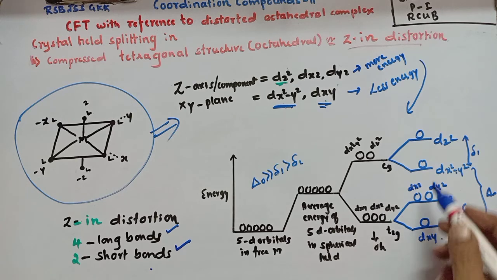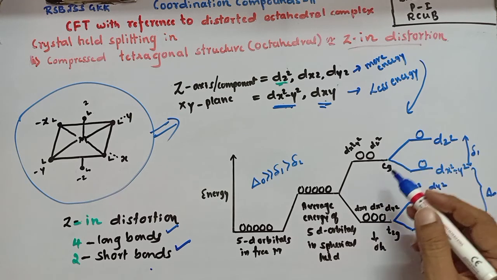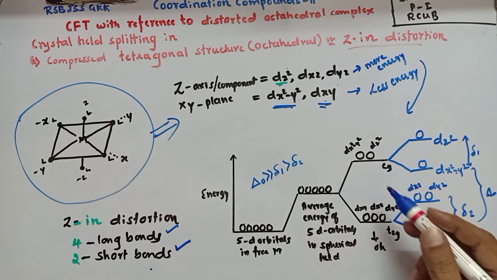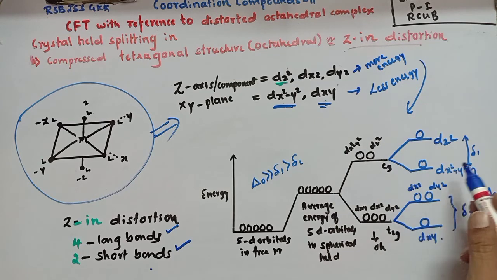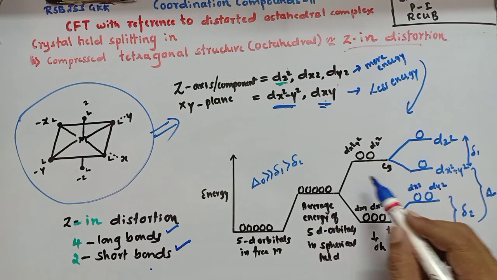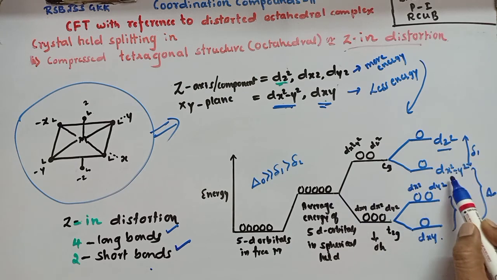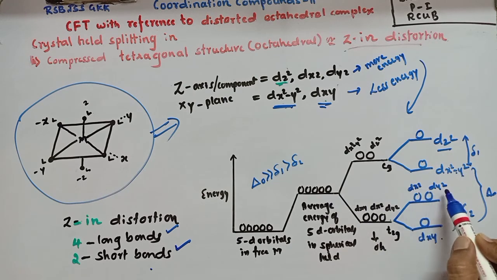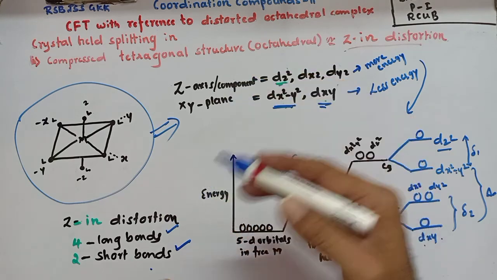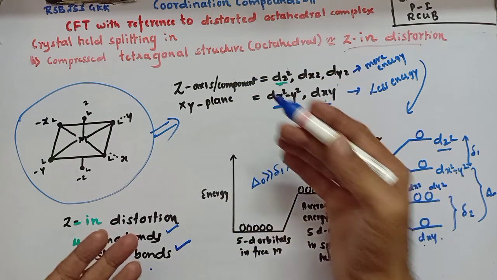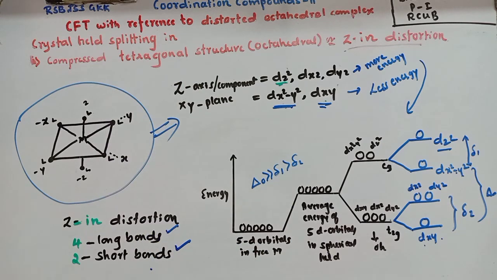So this is the crystal field splitting diagram for a compressed octahedral structure, or an octahedral structure suffering from Z-in distortion. The 5 d orbitals split into dz square, dx square minus y square, dxz, dyz and dxy orbitals. This is how the crystal field splitting diagram can be explained for either elongated or compressed tetragonal structures by crystal field theory. Thank you.